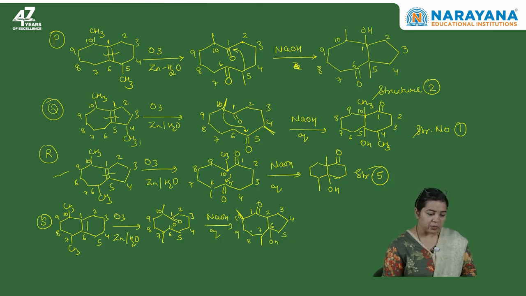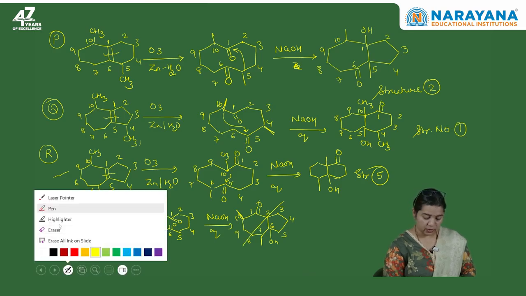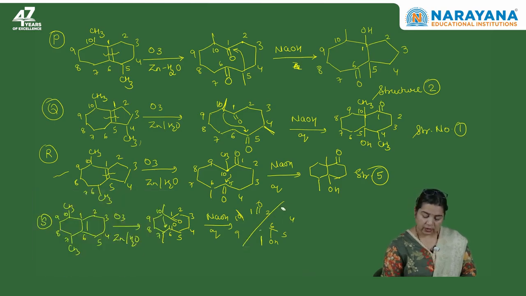So the 7-member ring will have carbonyl and methyl. Let us check once again what I have drawn. 1, 2, 3, 4, 5, 6. Using a stable enolate, I have to go for 10 to 6. So I should remove this one, right? Let us.